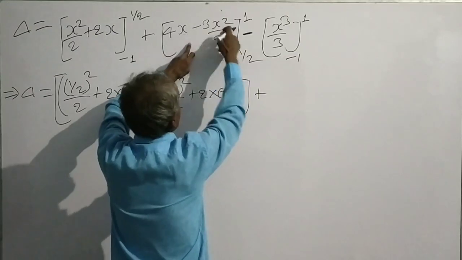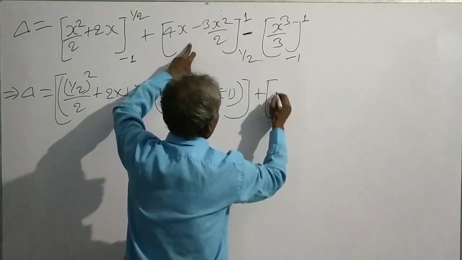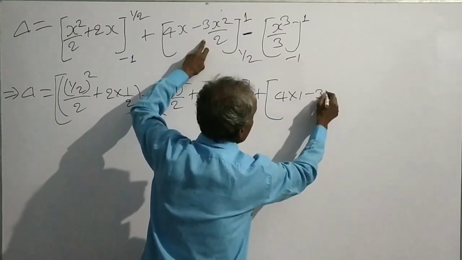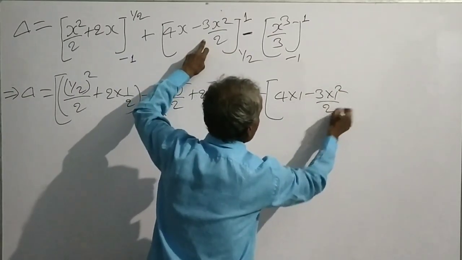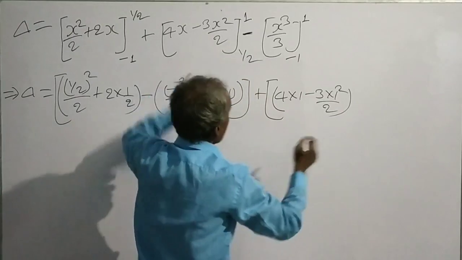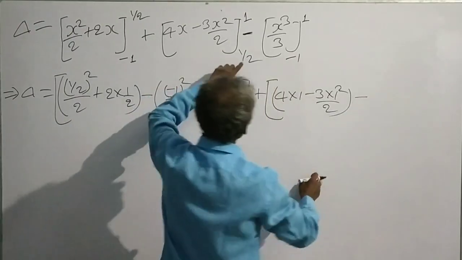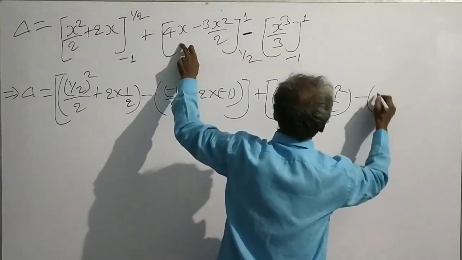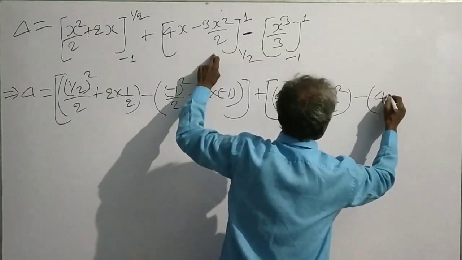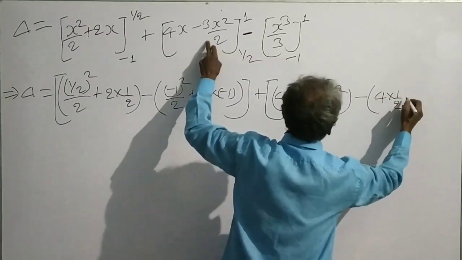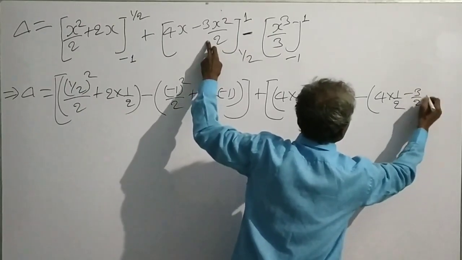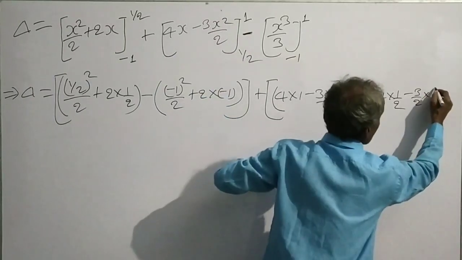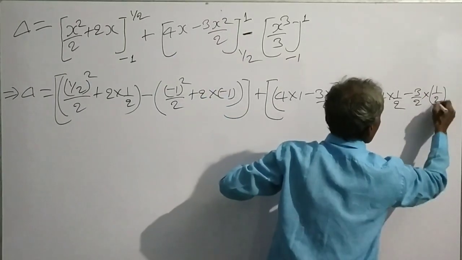Similarly, now we write the value of this. Put 1 in place of x: 4 times 1 minus 3 times 1 square by 2, minus sign. Then put 1 by 2 in place of x: 4 times 1 by 2 minus 3 by 2 times 1 by 2 square.